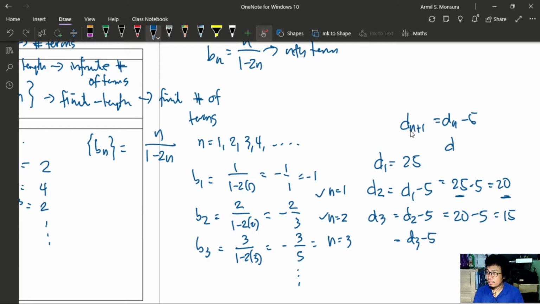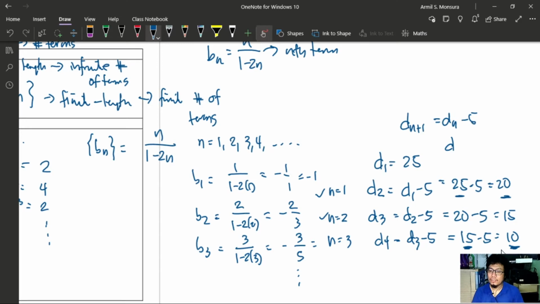This is d3 plus 1, this is d4. So your d4 is computed as d3 minus 5. d3 is 15 minus 5, this is 10. Again, using the previous term of the sequence to compute the present term of the sequence.